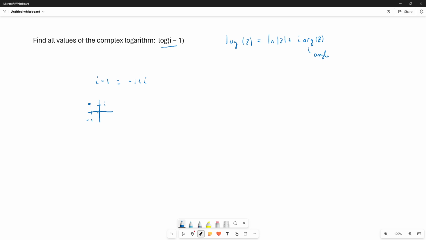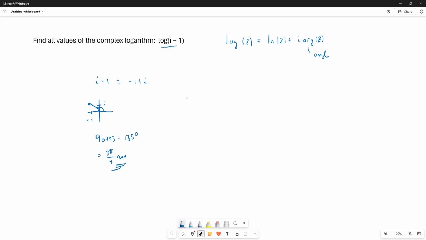There's negative 1 plus i, and one argument for this complex number is 90 plus 45, which is 135 degrees, or 3 pi over 4 radians, which is the unit we'll use.